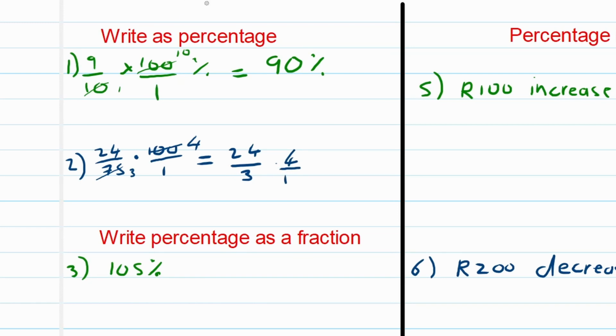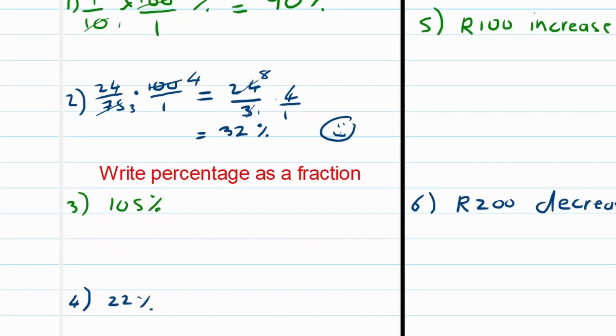Are there any common factors over here? Well, let's see. Yes, 3 goes into itself once and into 24 8 times. So what we currently have here is 8 times 4. So this is 32%. And this is a nice one if you get it correct.